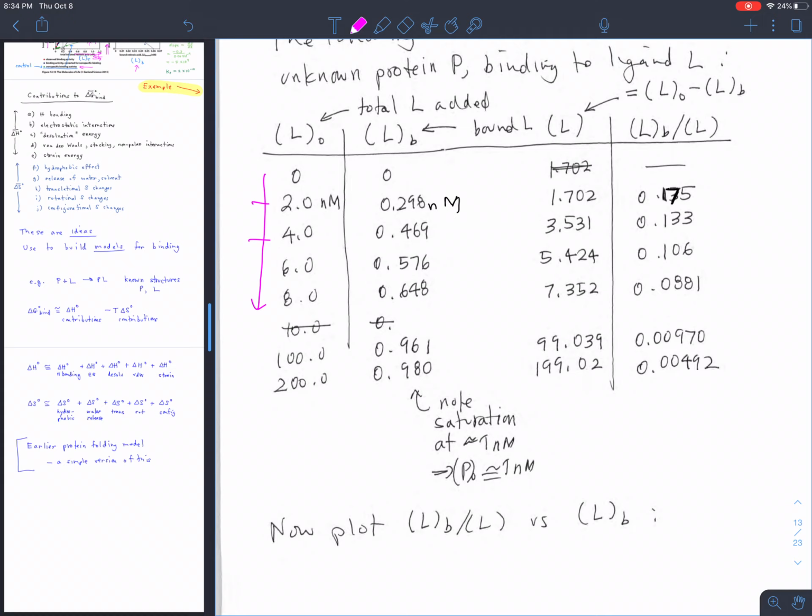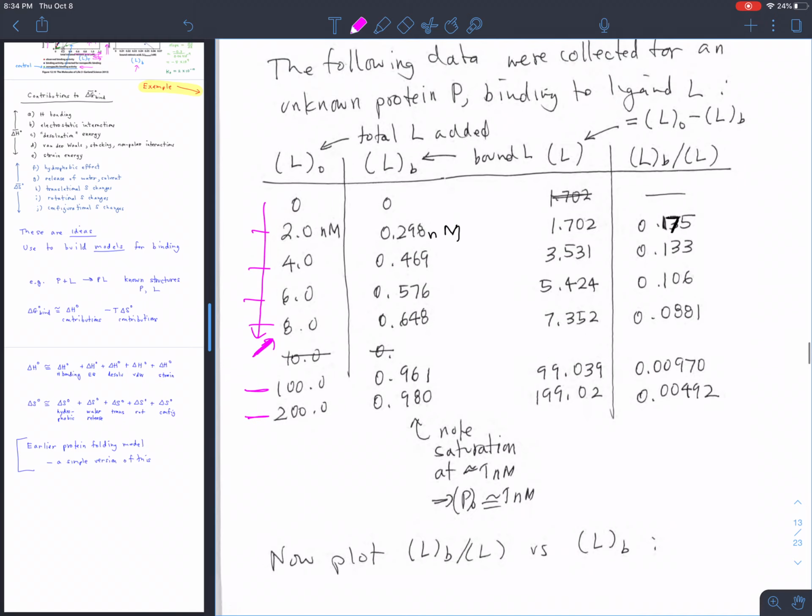2 nanomolar, 4 nanomolar, 6 nanomolar, 8 nanomolar. And then we're starting to approach, we want to get to saturation so we can kind of tell how much stuff is there. And so we jump from 8 nanomolar here up to 100 nanomolar and then to 200 nanomolar. And at each point we measure how much bound ligand there is, so about 0.3 nanomolar, 0.5 nanomolar, 0.6 nanomolar, 0.65 nanomolar.